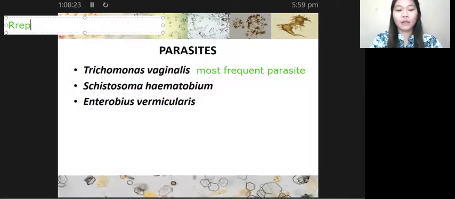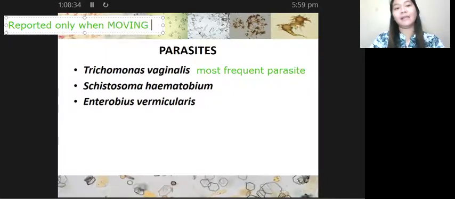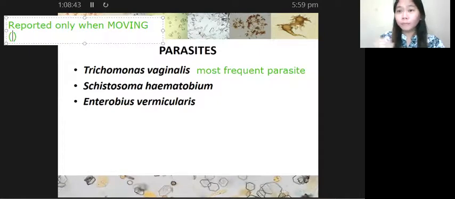Lagay ko nga dito para hindi nyo makalimutan. Reported only, okay, when, caps lock para intense, moving. Okay, it is only reported when moving. And so, in order to take note of the presence of your Trichomonas vaginalis, ano ang tinitignan natin?